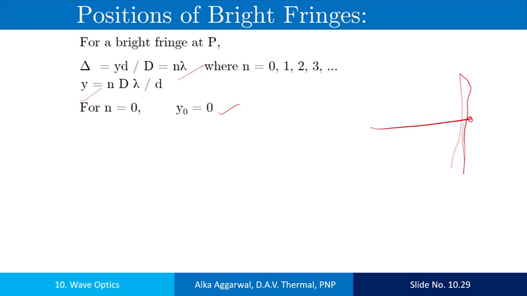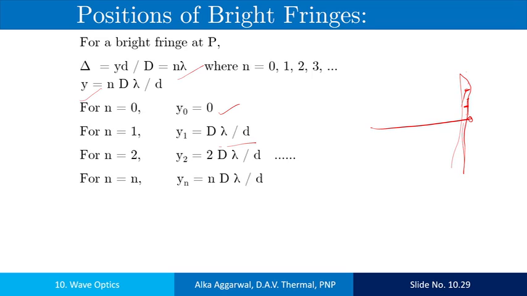The first bright fringe will be at this position, D lambda by d, when we go this way. Then the second bright fringe will be obtained at double this distance, the third bright fringe at triple this distance, and the nth at n times this distance.